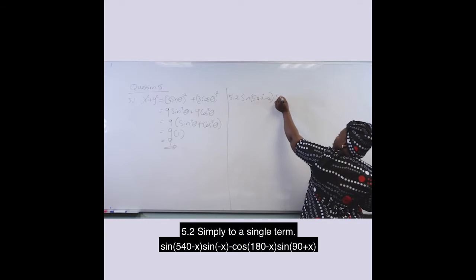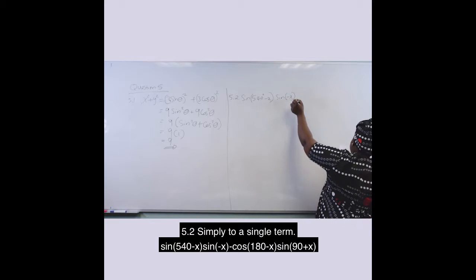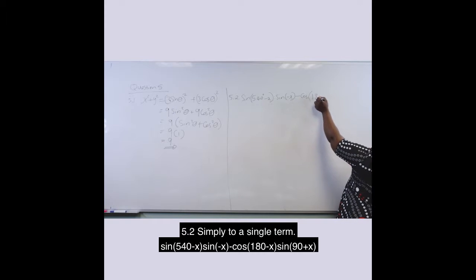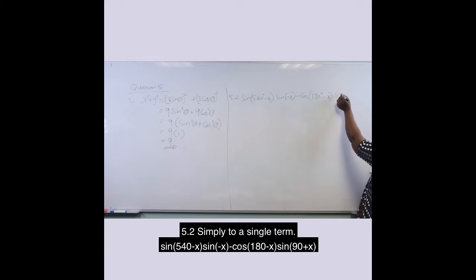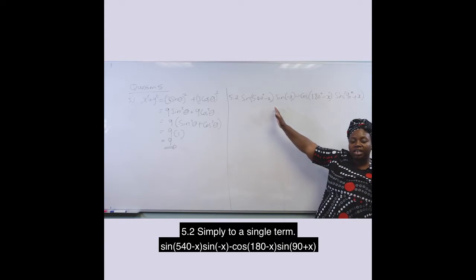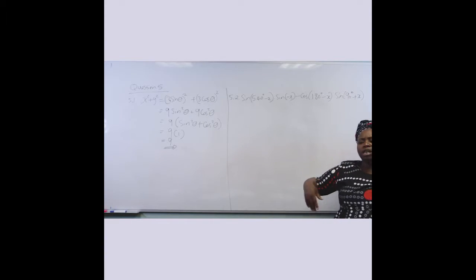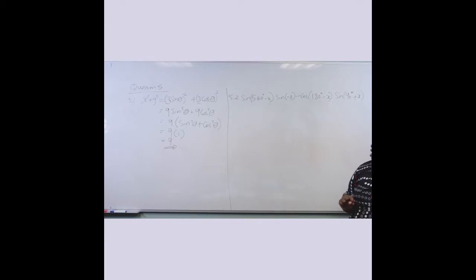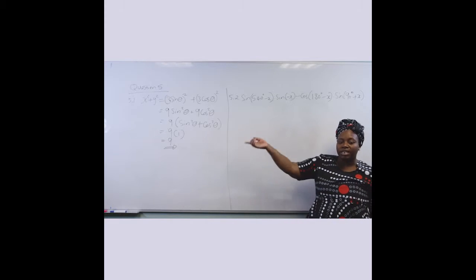Angle multiplied by sine of negative x minus cos of 180 degrees minus x, and multiplied by sine of 90 degrees plus x. Folks, looking at this question, you can see the variety of many things. It is 6 marks. To start with, there's 540, meaning that the revolution has been completed, and then we go to the third quadrant, and then we go again to the first quadrant and to the second quadrant again, but after the revolution.